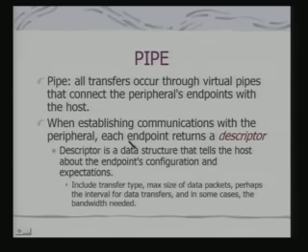When establishing communications with the peripheral, each endpoint returns what is called a descriptor. A descriptor is a data structure that tells the host about the endpoint's configurations and expectations. That guides the host to manage the transaction with the specific device that gets connected to the port.